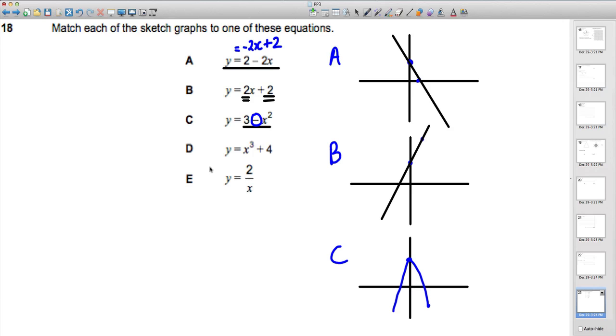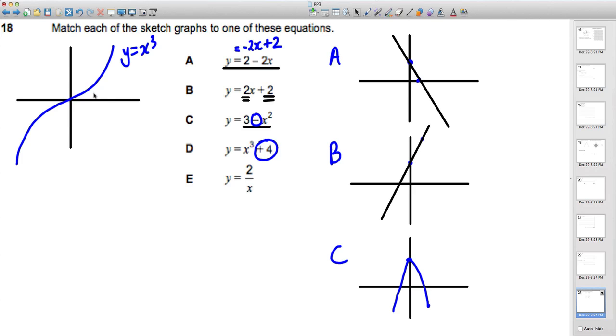Okay, D, I'm going to do D over here. We know that cubic graphs, in general, we should know that the x cubed graph looks like this. But this plus 4 means everything's been shifted up by 4, so it gets moved up by 4 units.